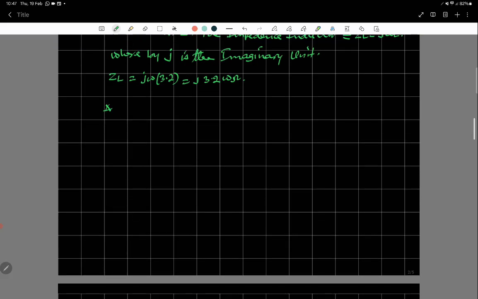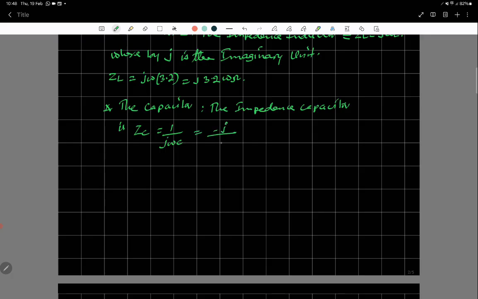Here we have the capacitor. The impedance of the capacitor is ZC, which is equal to 1 over JWC, which is equal to negative J over WC.